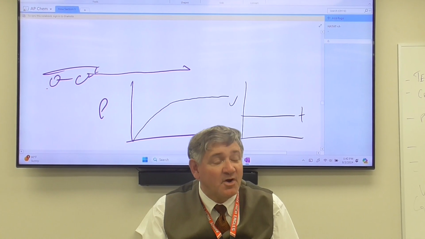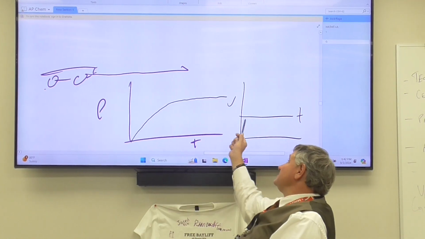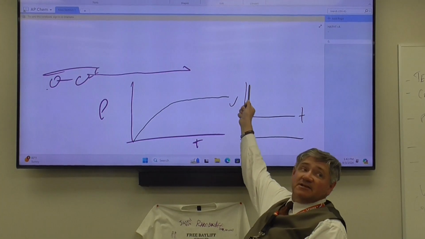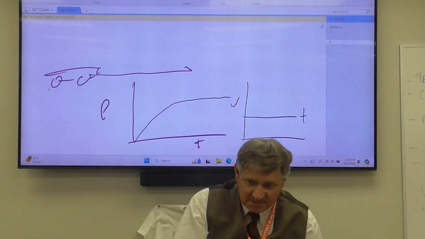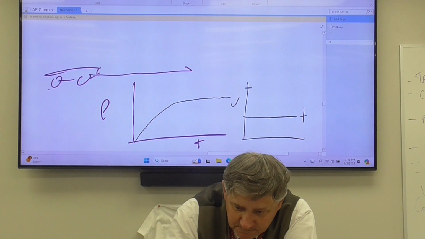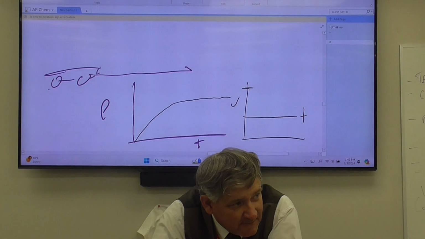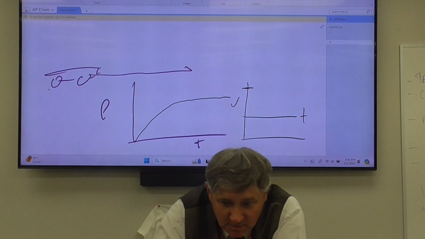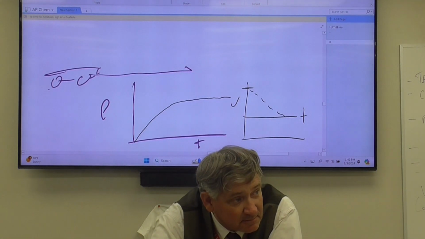Where would it start? Would it start here at 0 or at some positive velocity up here? Some positive velocity. It's going to start at some positive velocity. Cool. Then what's it going to do? Go down till it touches the time axis. Same slope the entire time, something like this? Yeah.